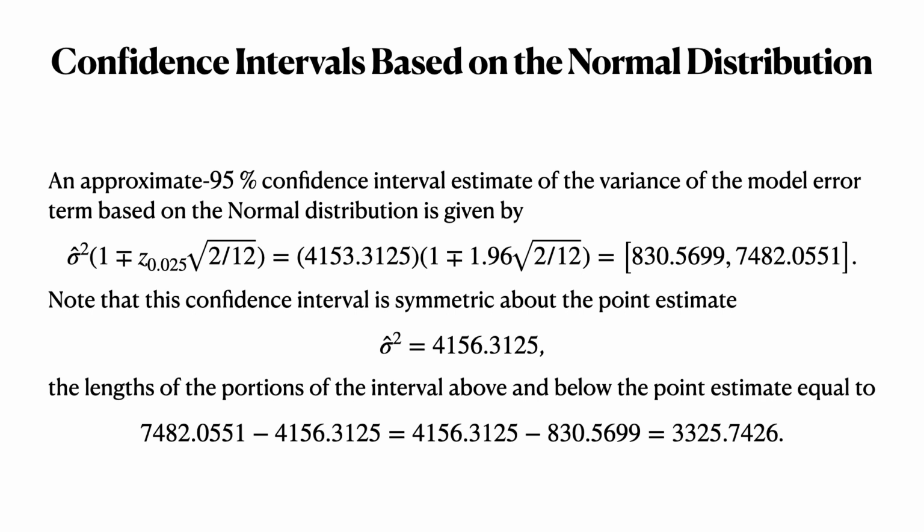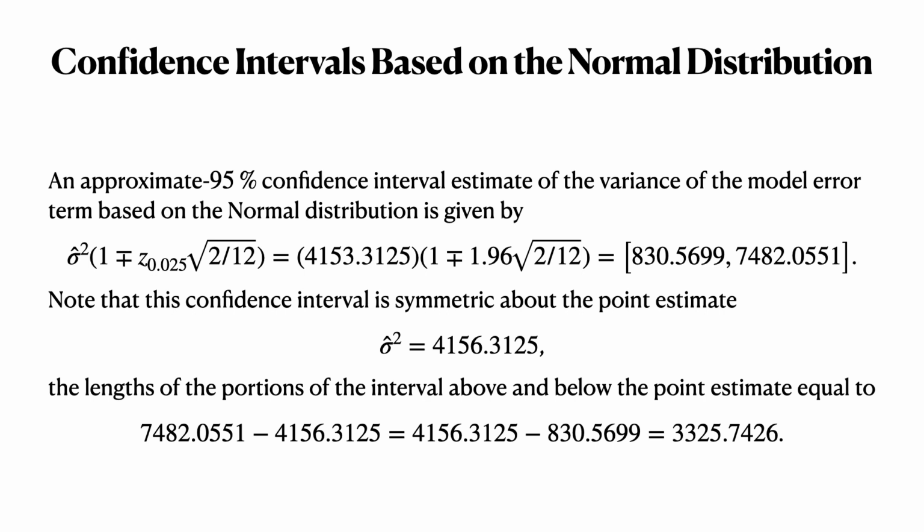So the lower end point of this interval is sigma hat squared times the quantity 1 minus z sub 0.025 times the square root of 2 over 12. And the upper end point is sigma hat squared, the point estimate, times the quantity 1 plus z sub 0.025 times the square root of 2 over 12.